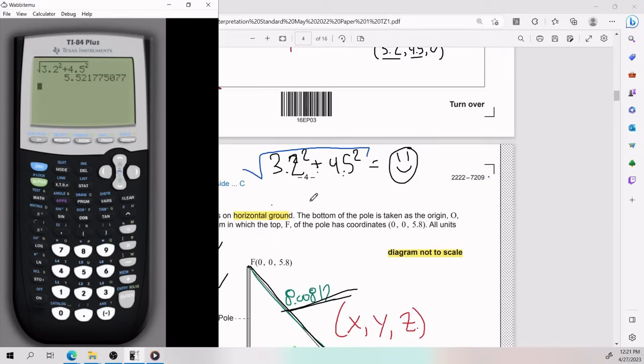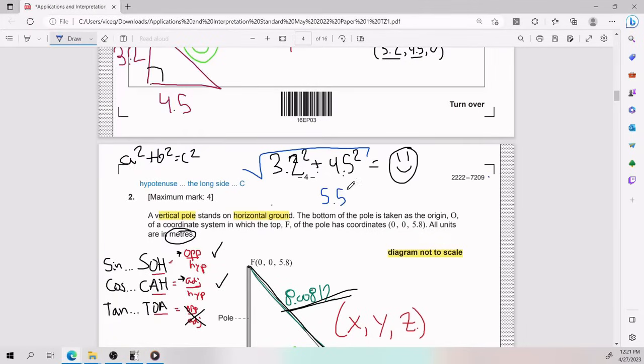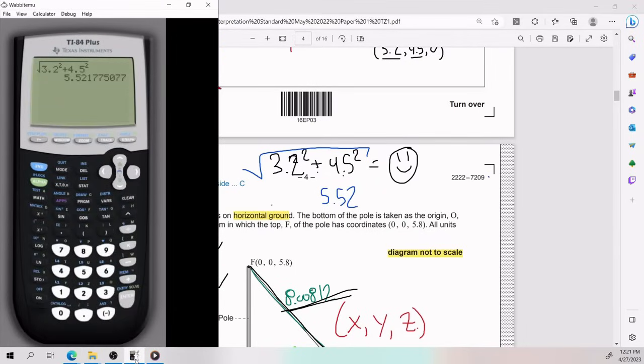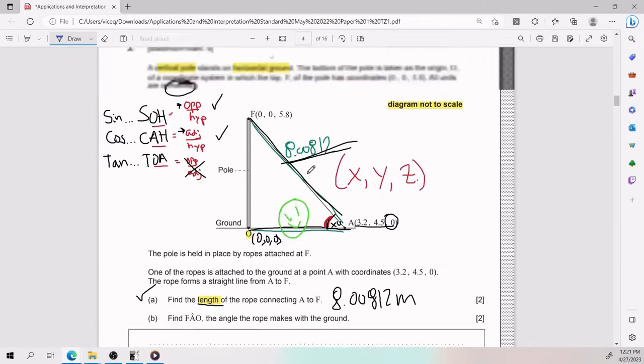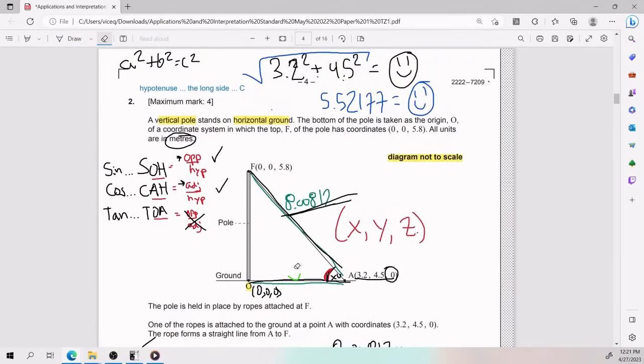Smiley face is indeed 5.52177. I just want to make sure my diagram looks nice. So we just found one other side of my triangle.